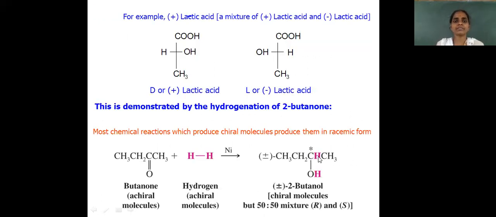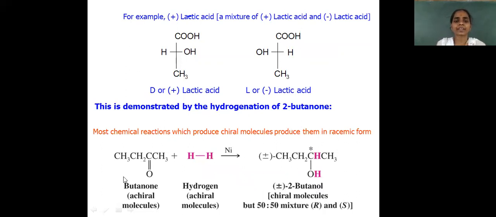Some examples of a racemic mixture are lactic acid, D-lactic acid, or positive lactic acid, and negative lactic acid. Most chemical reactions which produce a chiral molecule produce a racemic mixture. So here butanone, with a carbonyl carbon, reacts with hydrogen, a chiral molecule, giving butanol.